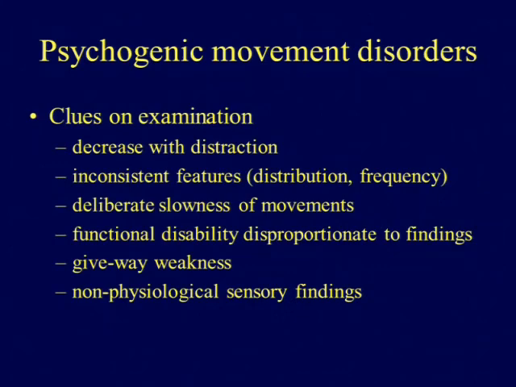Deliberate slowness of movements, and inconsistent features in terms of frequency and distribution compared to what you would see in an organic version of that disorder, and disproportionate disability to what you see on examination, give-way weakness, and some non-physiologic sensory findings like splitting the tuning fork right at the middle of the forehead, or the spinous process in the middle of your spine, or very unusual sensory disturbances, or you tap them on the knee and then all of a sudden they jump off the table, with delayed response or things like that.